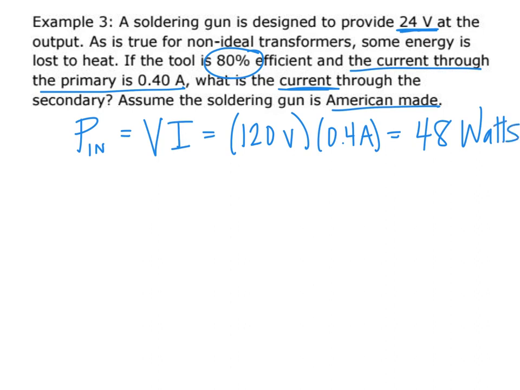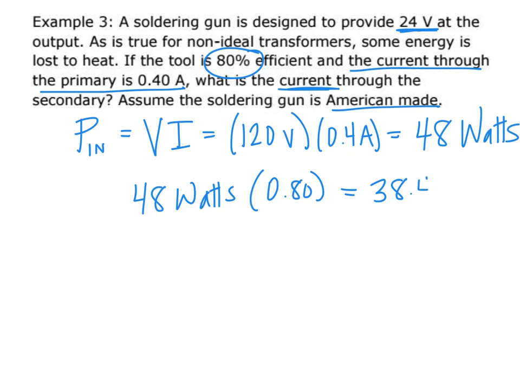Again, with an ideal transformer, which is what the first two problems dealt with, the power out would also be 48 watts, but we are losing power. This tool is only 80% efficient. So we'll take 48 watts and we'll multiply it by 0.8 to represent that inefficiency, and that brings us down to 38.4 watts. And that now is our output power.